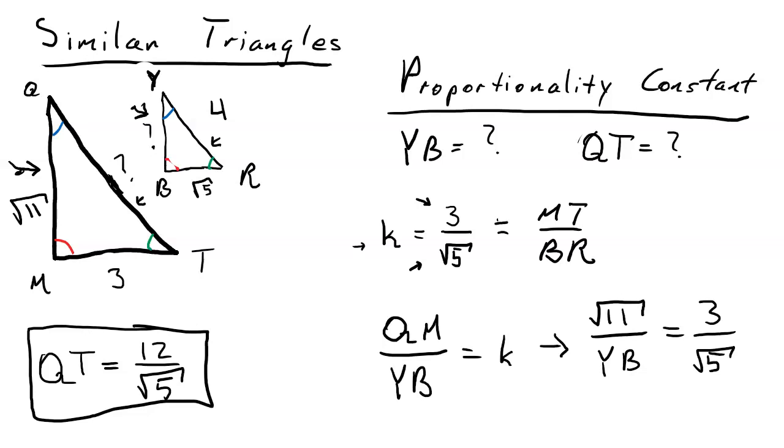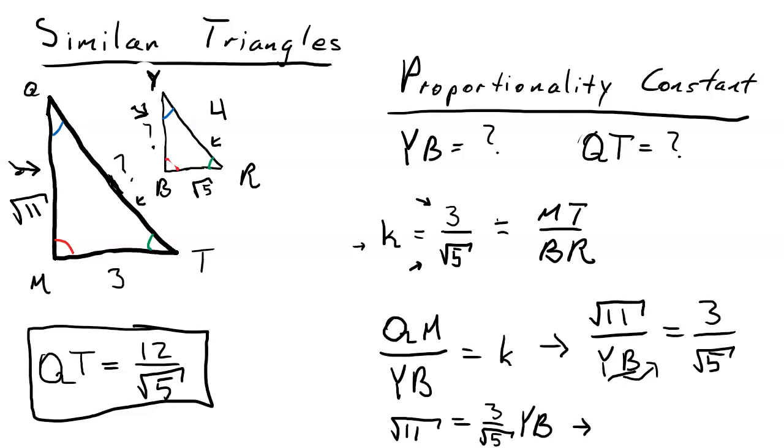Okay. Then what we do is what we did last time. I want to move this, but I might just rewrite it because I'm running out of room. So we're going to multiply this YB to the other side, and we'll get square root of 11 is equal to 3 over square root of 5 times YB.